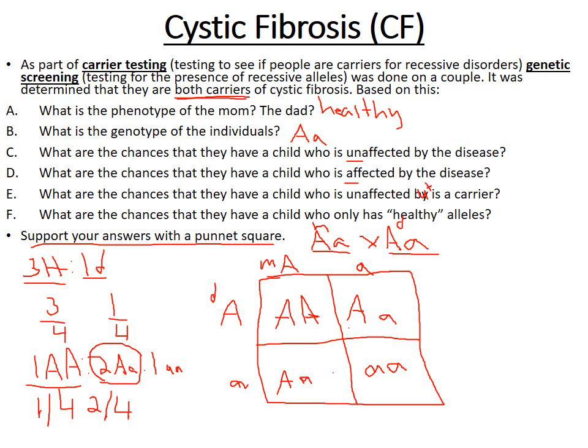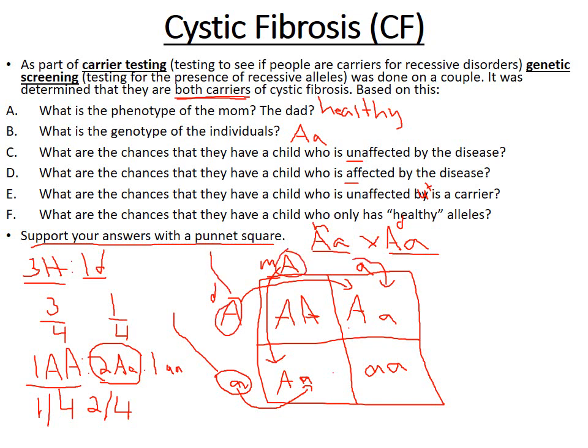Mom could give little a, and dad could give big A. That's one way to make the heterozygous individual. Or the other way that could have happened is that mom could have given big A, and dad could have given little a. Sometimes we represent this as, let's say if this is dad, little sperm, and this is the egg over here.